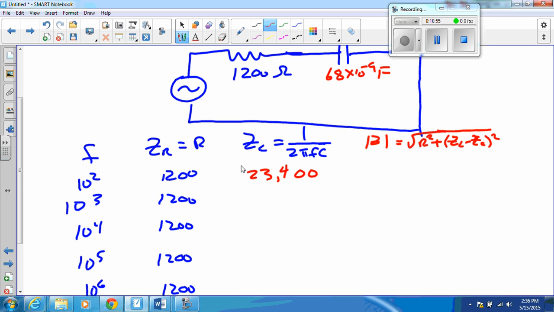So when I square this and I add 1,200 squared and take the square root, look at that. I get 23,436, which is not that different from the ZC itself. In other words, at this frequency, the capacitor is completely dominating the entire circuit. And we know that by comparing these two numbers here.